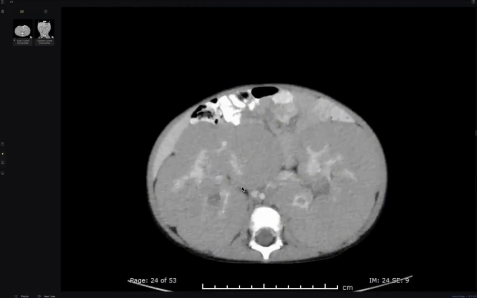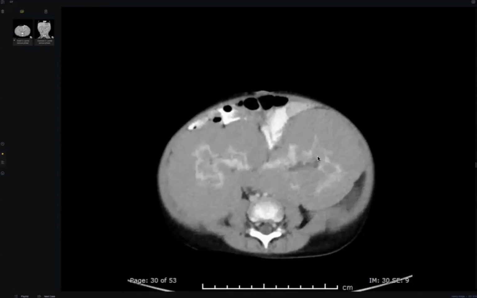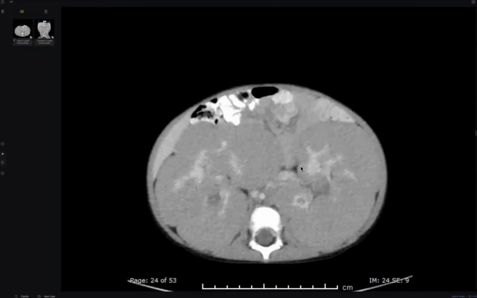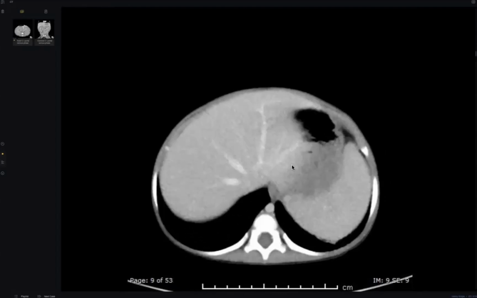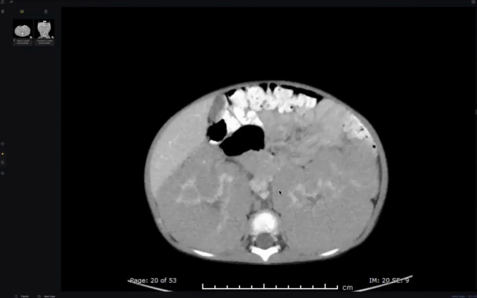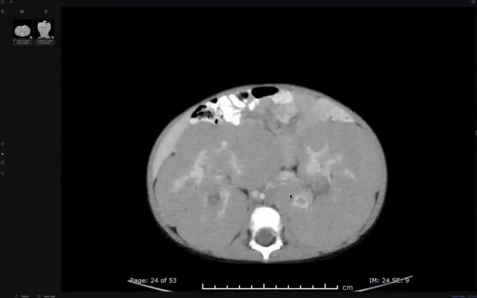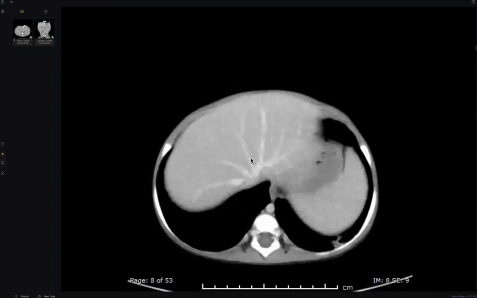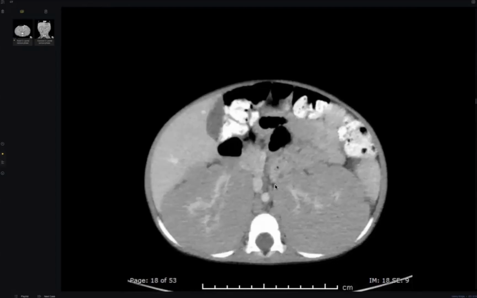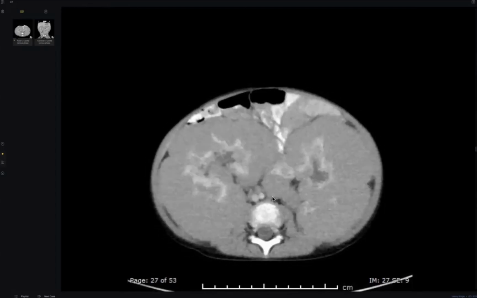The medullary portion is, however, taking the contrast. Looking at the vessels, both renal veins are normally opacified. Both the spleen and the liver are not showing any focal lesions. So in this pediatric patient, there is marked enlargement of the bilateral kidneys with poor enhancement of the bilateral renal cortices.